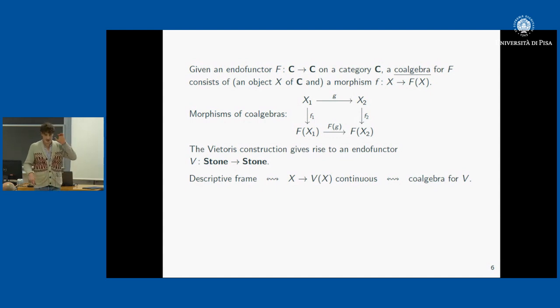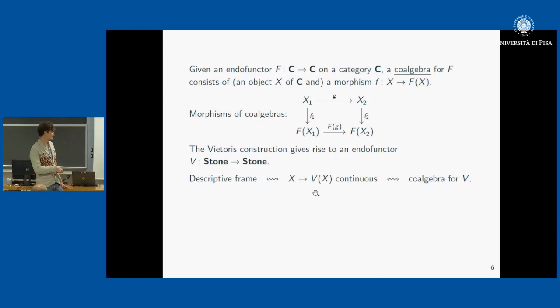The Vietoris construction gives rise to an endofunctor on the category of Stone spaces and continuous functions. A descriptive frame can be identified, as we said before, with a continuous function from X to the Vietoris space of X, and this is just a coalgebra for the Vietoris endofunctor.